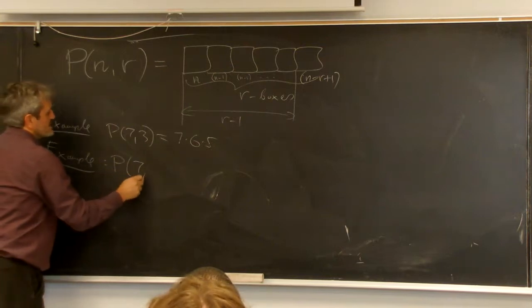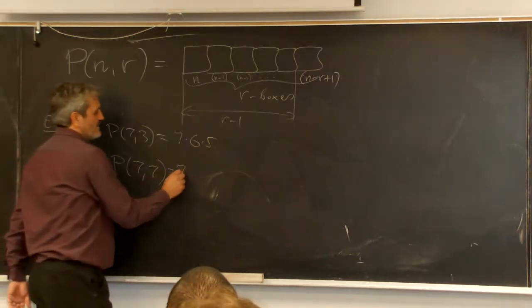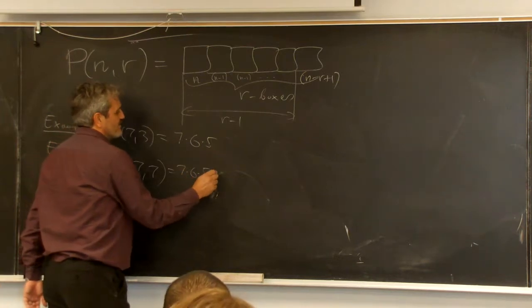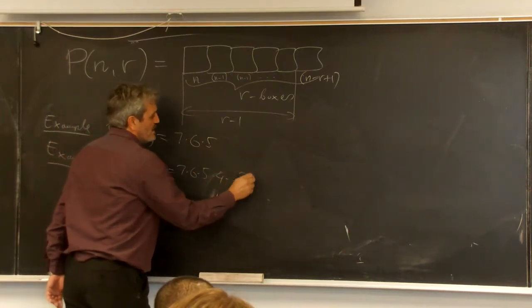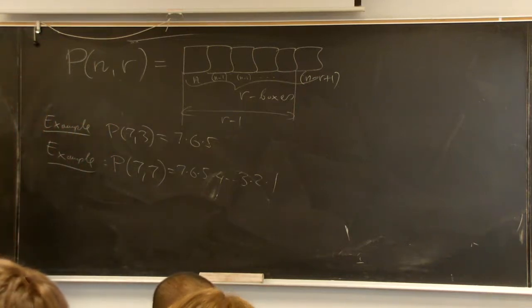What if I want strings of maximal length, 7? What happens then? In how many ways can I make a full length string? 7 for the first, then 6, then 7 times 6 times 5 times 4, and so on. The last one is just whoever's left, because you want to use all the letters.